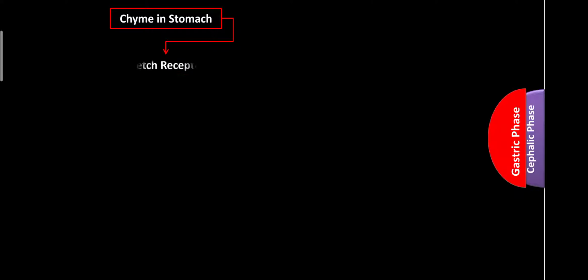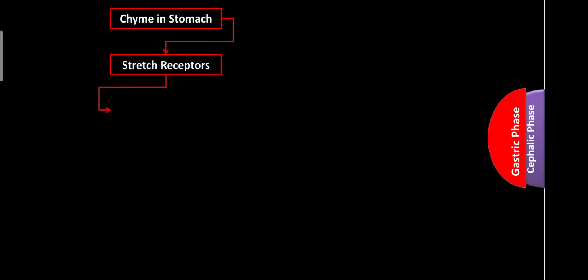Due to entry of the chyme in the stomach, it activates the stretch receptors, and due to their activation, some stimulatory information is generated, and this information is carried by sensory neurons or sensory nerves. For example, the vagus nerve is a sensory as well as motor nerve.